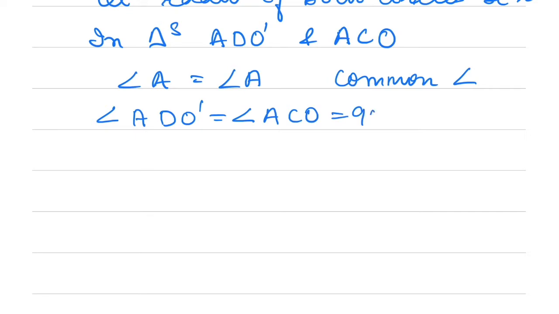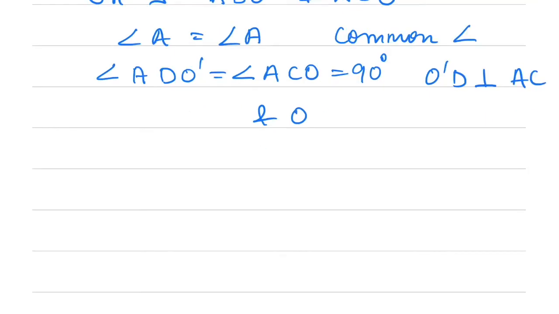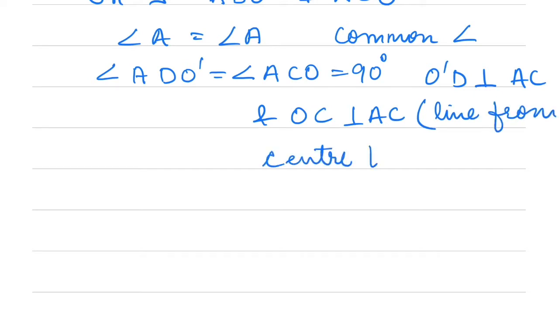Both are equal to 90 degree as O dash D is perpendicular to AC and OC is perpendicular to AC, line from center to tangent.